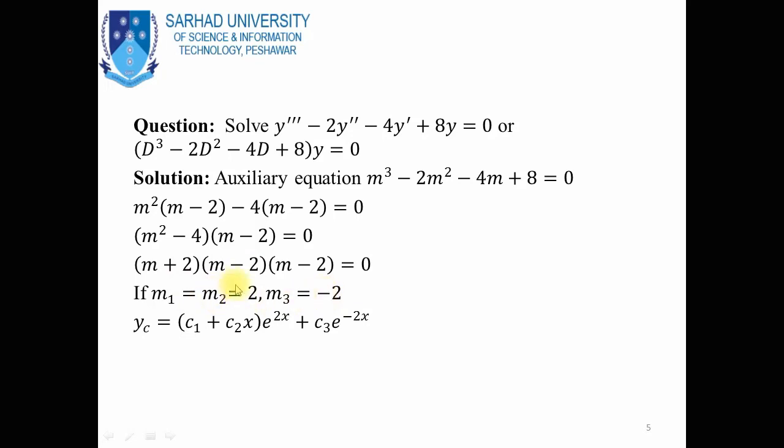These two roots are real and repeated, and this is real but different. So the complementary solution is (c1 plus c2x) e^(m1x) plus c3 e^(m2x). Suppose this is m1, but m1 is repeated, so (c1 plus c2x) e^(2x) plus c3 e^(minus 2x).